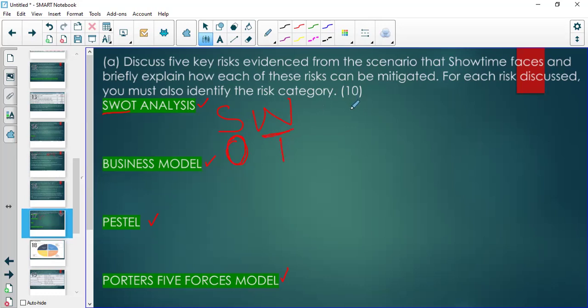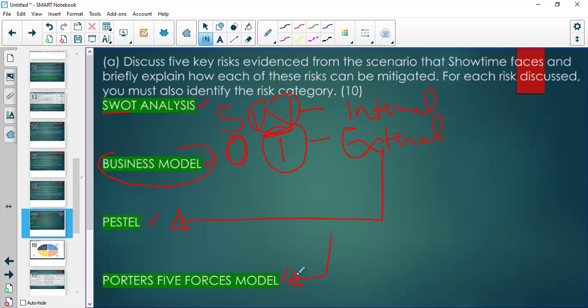So if we look at risks, we obviously want to look at the weaknesses in the internal environment of an entity, and also the threats in the external environment. For an analysis of the threats in the external environment, we can use the model called PESTEL. We can also look at the business model of the entity, and at Porter's 5 forces model.